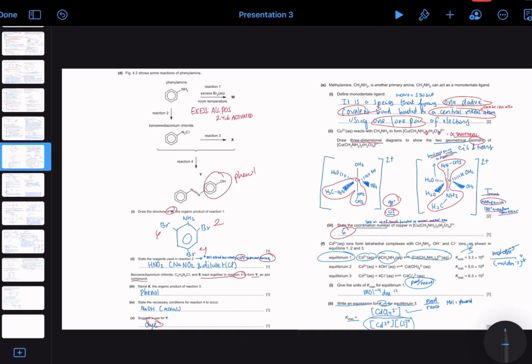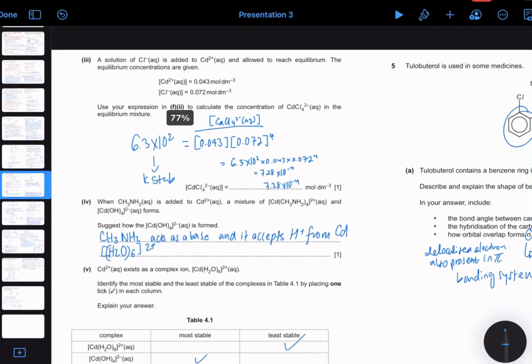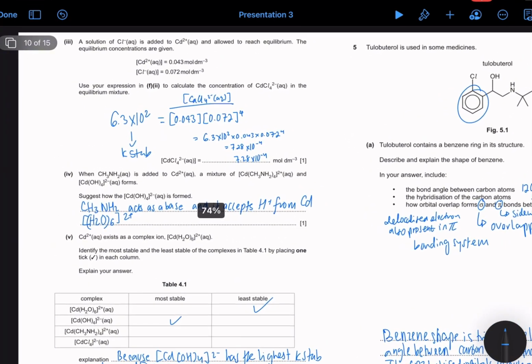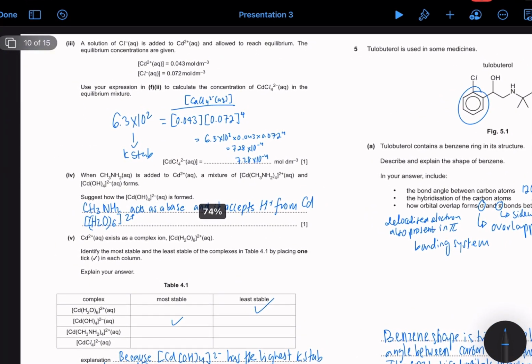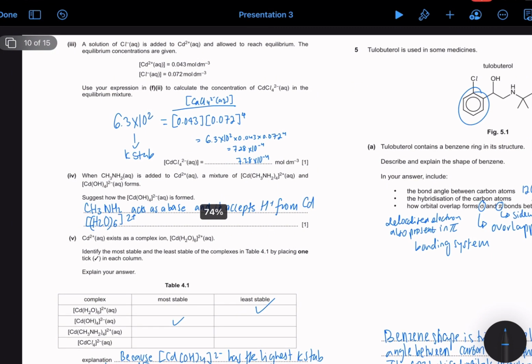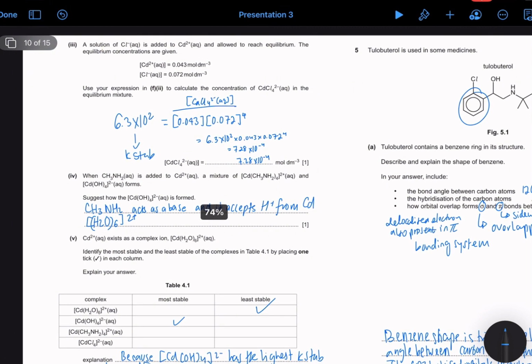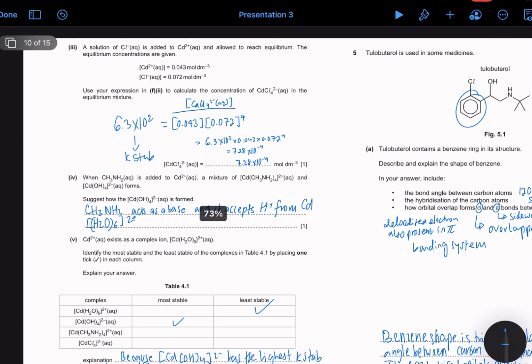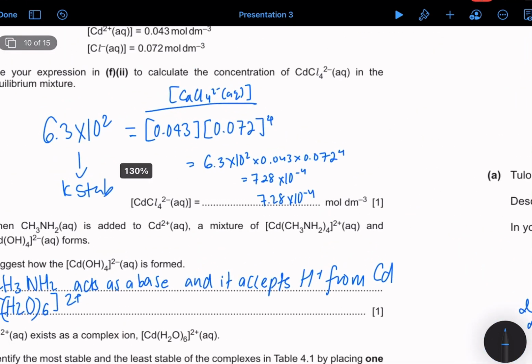Next question, Question III. A solution of Cl- is added to Cd2+ and allowed to reach equilibrium. The equilibrium concentrations are given. Use the expression in part II to calculate the concentration of CdCl4 2-. Again, this is product over reactant, that is your K stability, and you already have it, just plug it in.